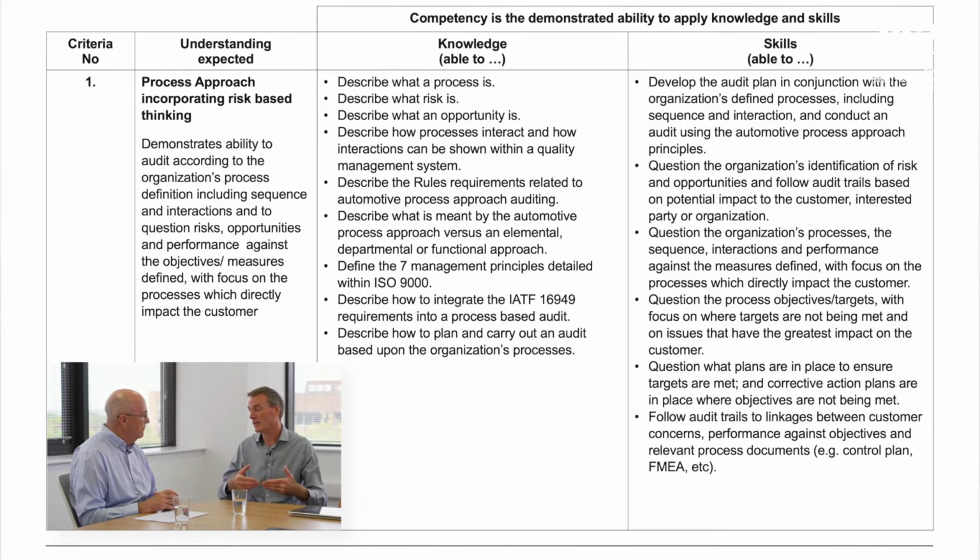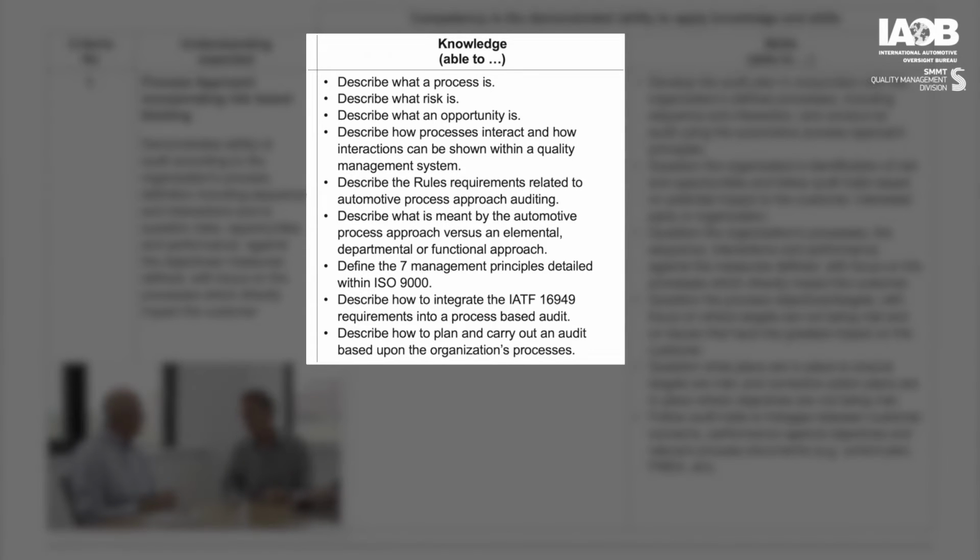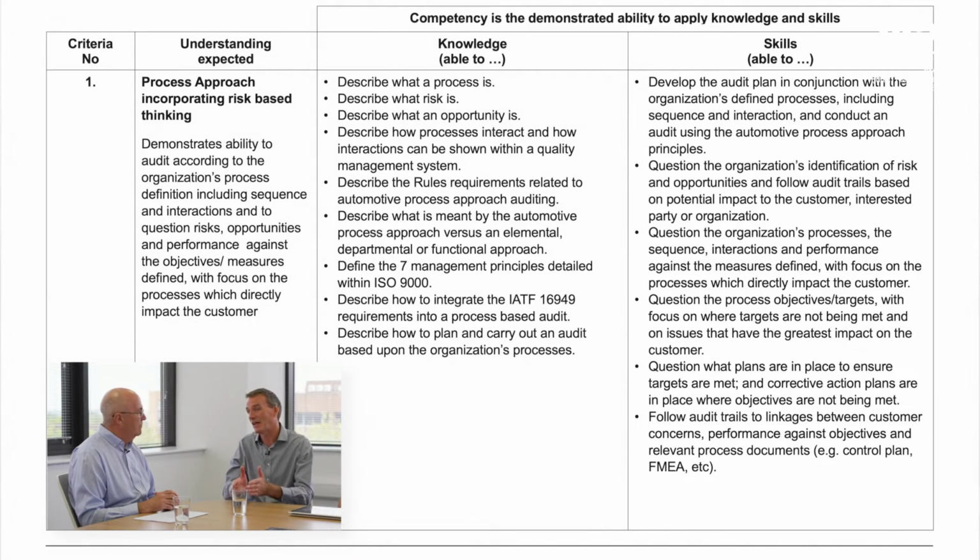So you would expect against one of the essential competencies, and there are 5 of them, you would see the knowledge that the auditor would be expected to know, and then there will be a separate column which would be almost the skills that that auditor would be expected to exhibit. So it focuses on the knowledge and on the skills, again by what we call essential competency, and there are 5 of those essential competencies.